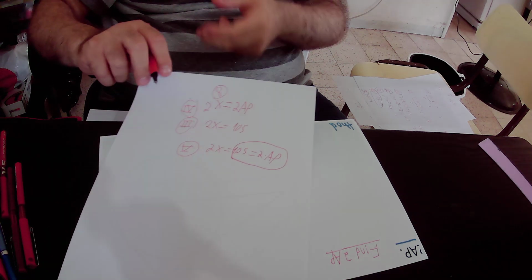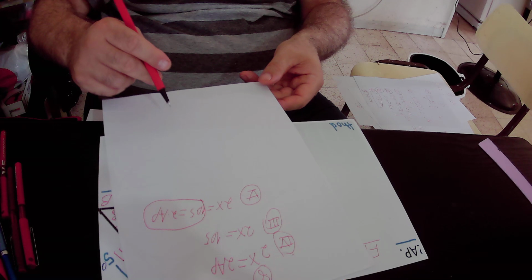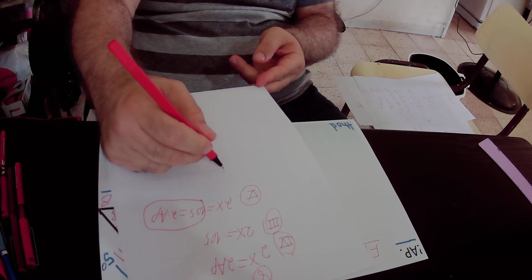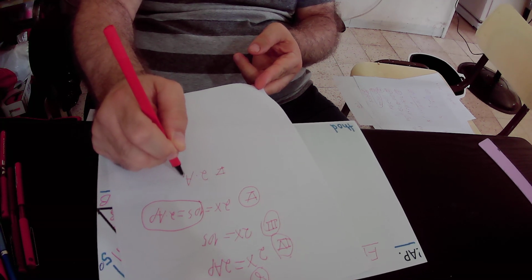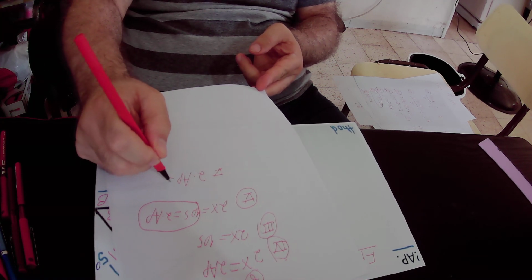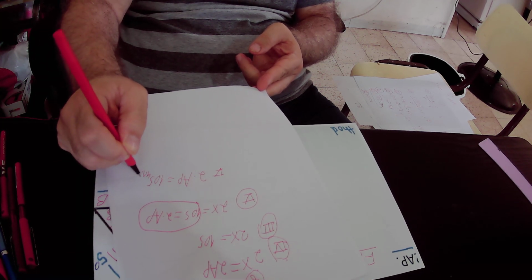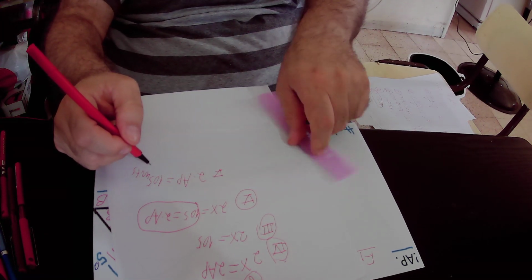Okay, so this is the last step. We actually found out that 2 times AP equals 105 units. This is the final answer to the question.